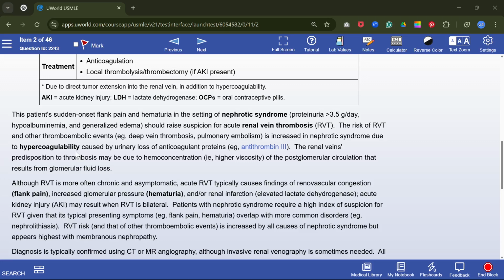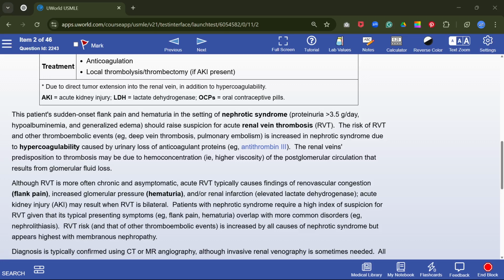Although renal vein thrombosis is more often chronic and asymptomatic, acute renal vein thrombosis typically causes findings of renovascular congestion, flank pain, increased glomerular pressure, hematuria, and or renal infarction, and increased LDH. Acute kidney injury may result when renal vein thrombosis is bilateral.